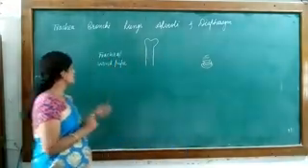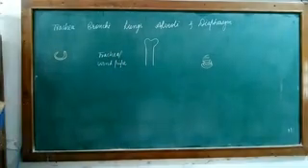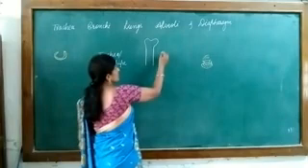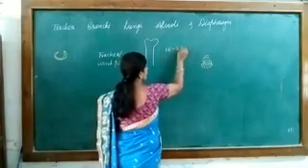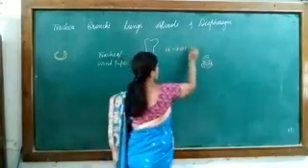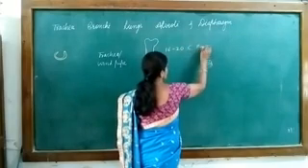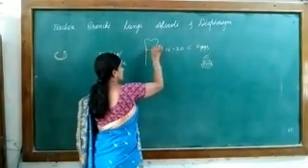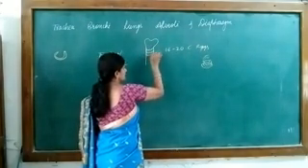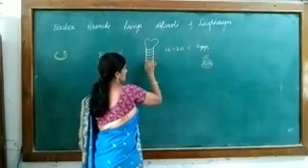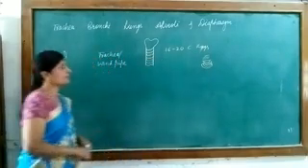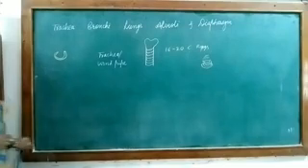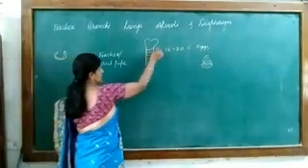How many such cartilaginous rings are present in our trachea? They are 16 to 20 cartilaginous rings, present one above the other, and the length of this trachea is 10 to 12 centimeter.